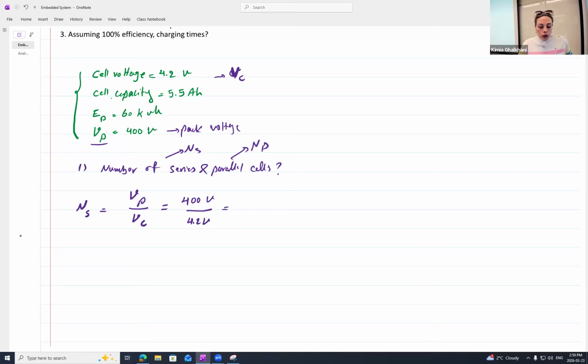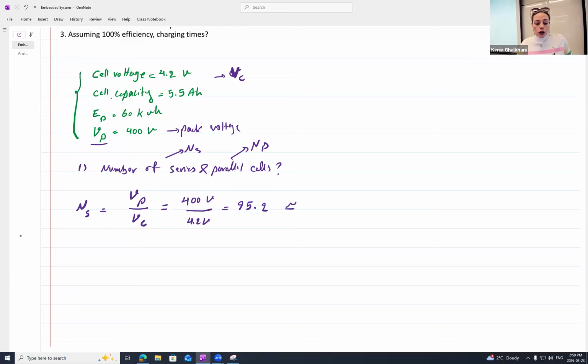If you solve for number of series in here, you are gonna have 95.2. Can I include 95.2 cells? Of course not. Should I round it up or round it down? Up. Why is that?